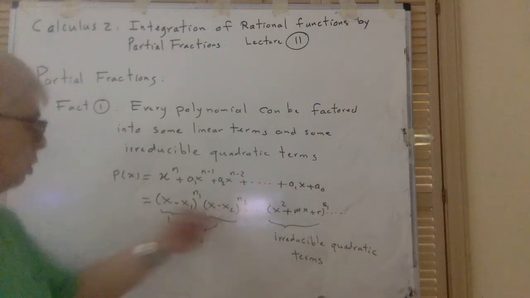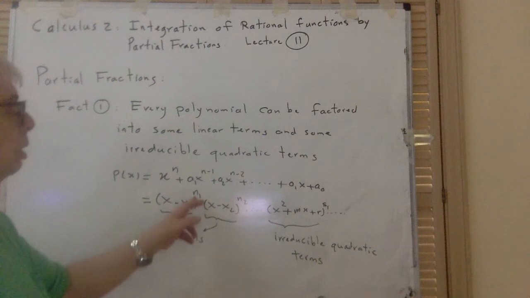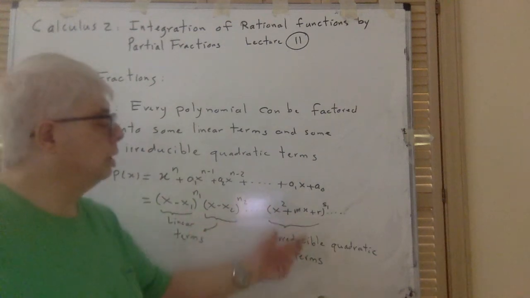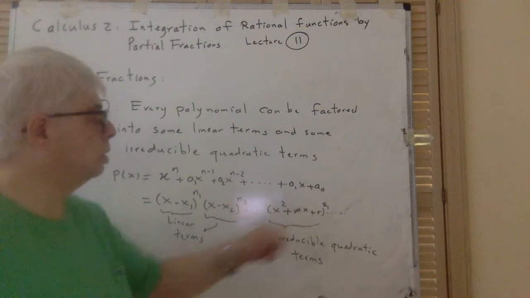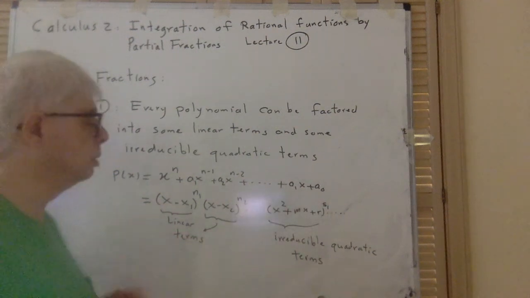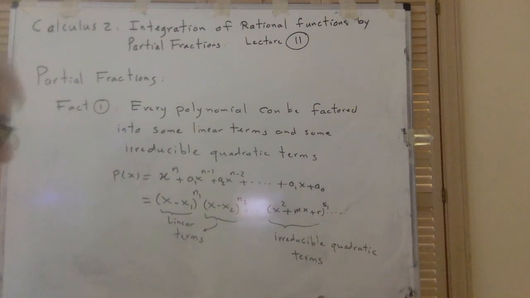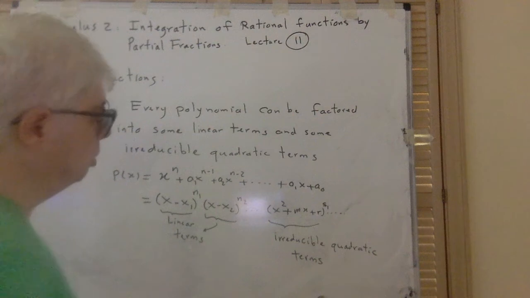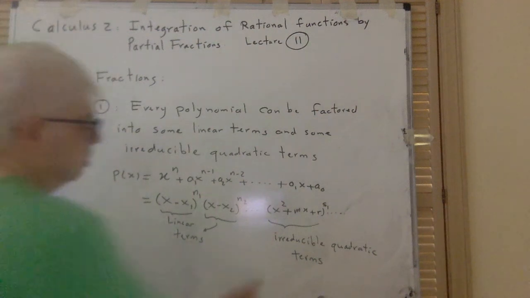Some of them might have exponent more than 1, some might have exponent 1. And then some irreducible quadratic terms like this, and they also might have some exponent. The only thing that might be new to you is the term irreducible quadratic term.